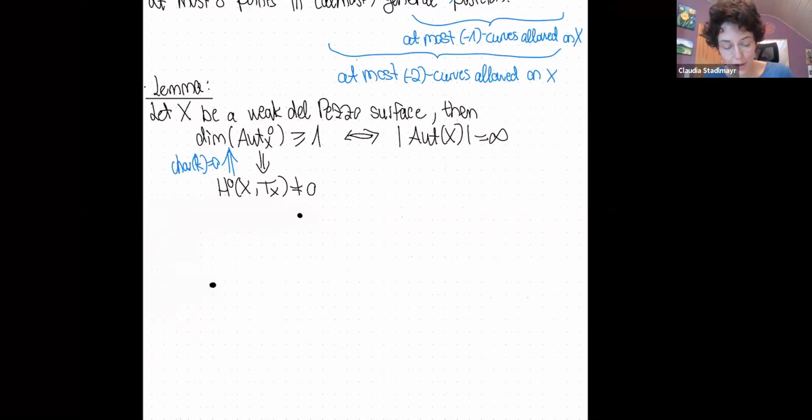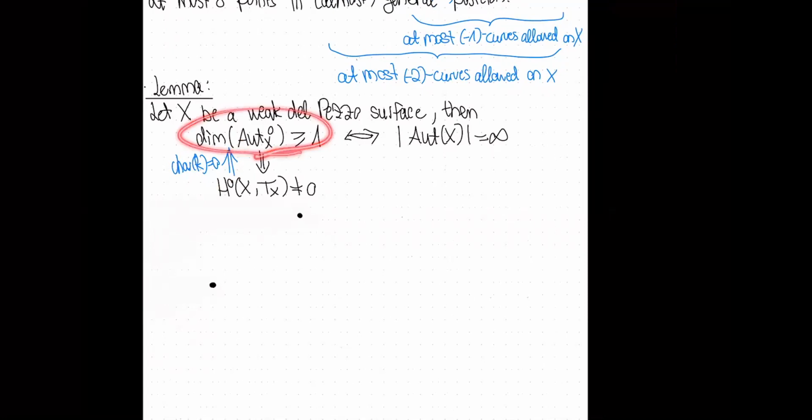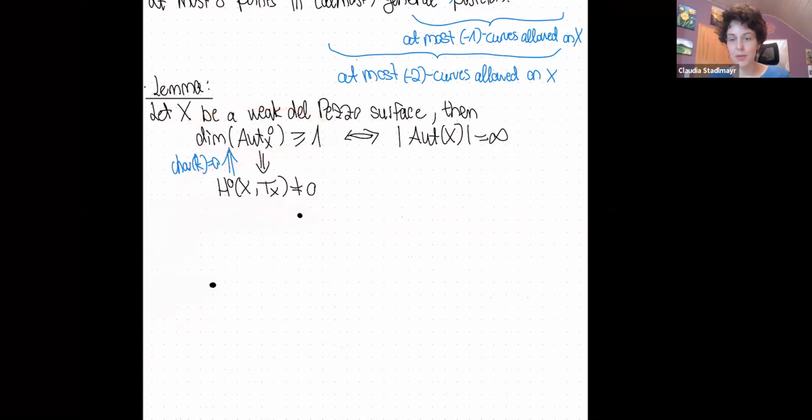Maybe I can already tell you the proof of this one. That's basically Cartier's theorem, which tells us that every group scheme locally of finite type over a field of characteristic 0 is smooth, and therefore it has positive dimension if its tangent space has positive dimension. So you're right, that holds for every group scheme locally of finite type over a characteristic 0 field.